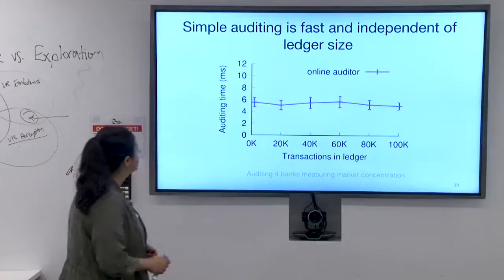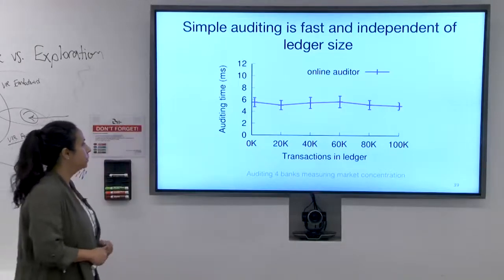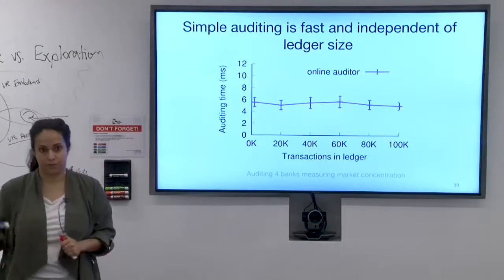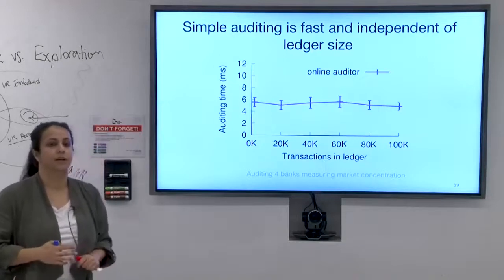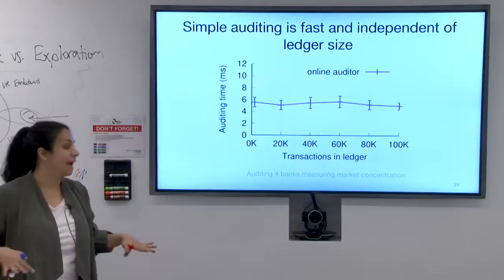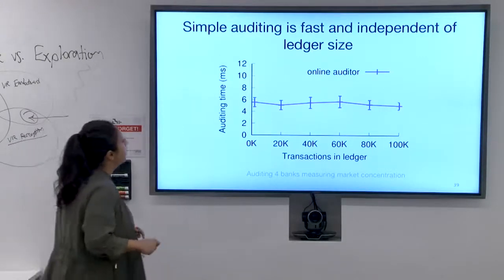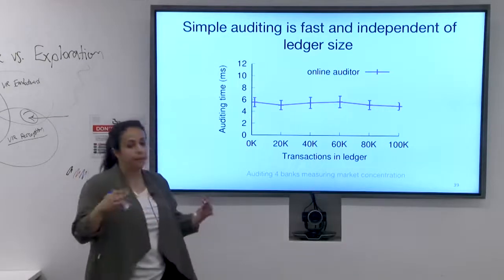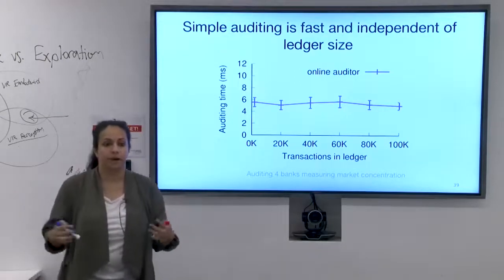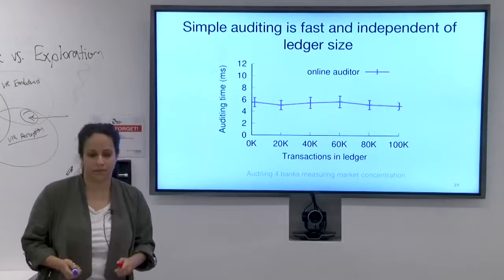Auditing is really fast. So here we're auditing 4 banks, and we're doing a measurement called the Herfindahl-Hirschman Index. So we're trying to understand market concentration for a given asset. And what's happening here is the auditor is keeping up with the ledger and keeping these things that we call commitment caches.